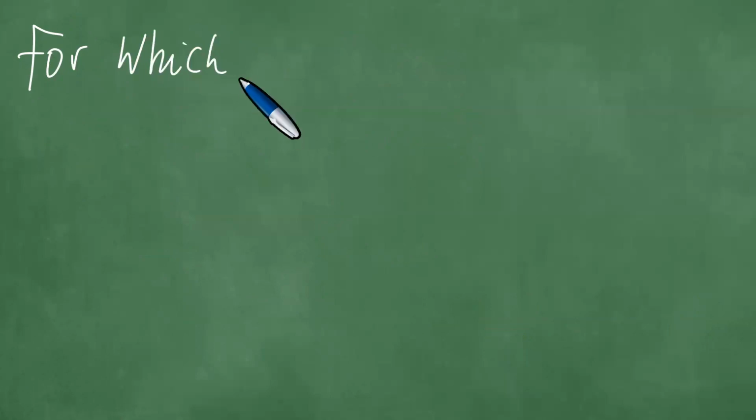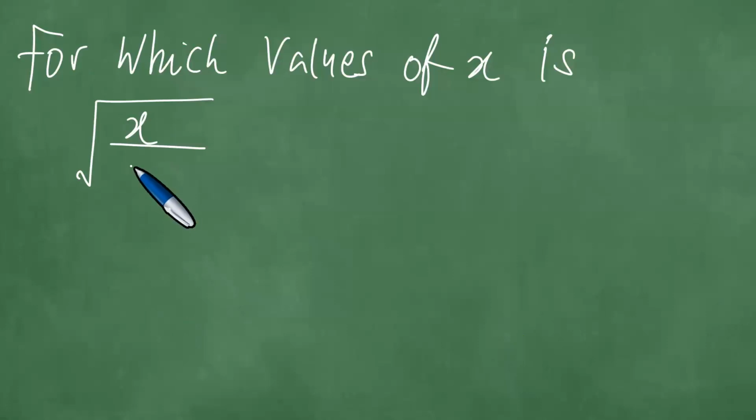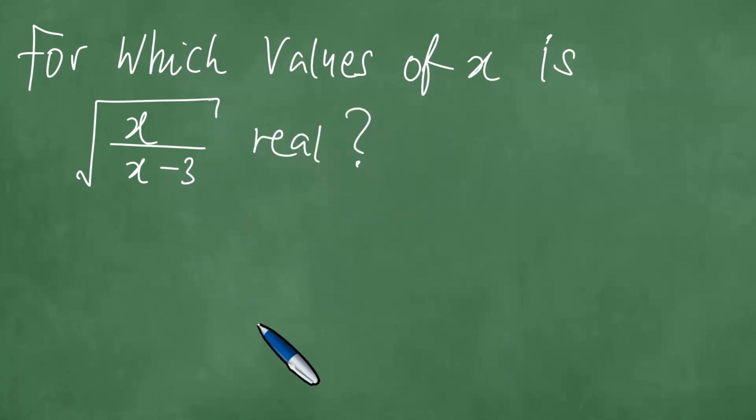For which values of x is x divided by x minus 3 real? For which values of x is the square root of x over x minus 3 real?